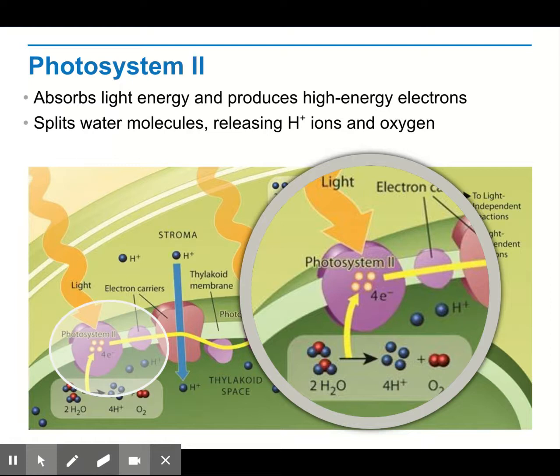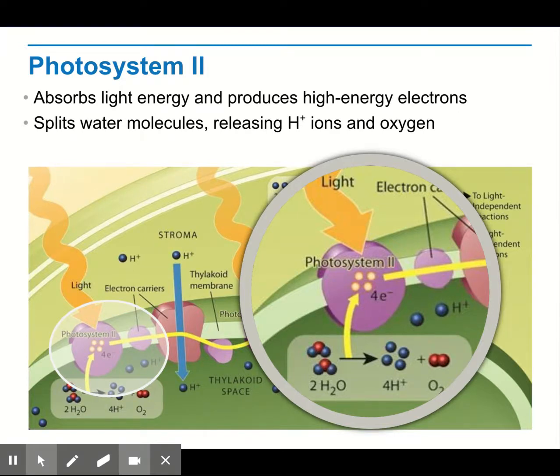So let's look at photosystem 2. Photosystem 2 absorbs light energy by using the chlorophyll pigment that's in it. So it absorbs light energy and it produces high energy electrons. These high energy electrons are actually in the chlorophyll.